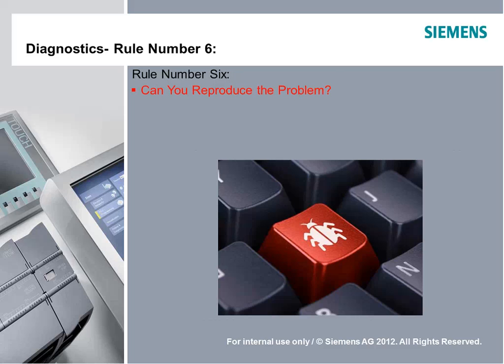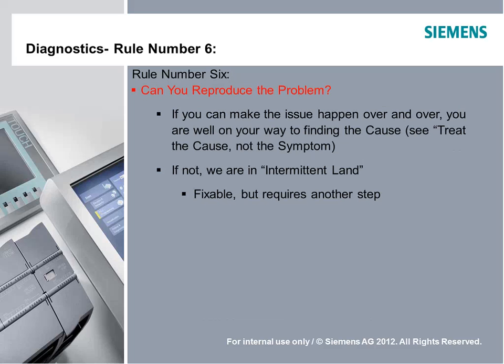Okay, for diagnostics, if we can reproduce a problem, like what they're showing here with the keyboard, every time you hit that bug, the thing happens, we can pretty much figure out how to fix that. That makes it quite a lot easier. If you can make an issue happen over and over, you're well on your way to finding the cause. In other words, shaking the wires creates the symptom every time, or you see a sensor misaligned and not hitting every time, and once you get the sensor in the right spot, you can figure from that how we solve the problem.